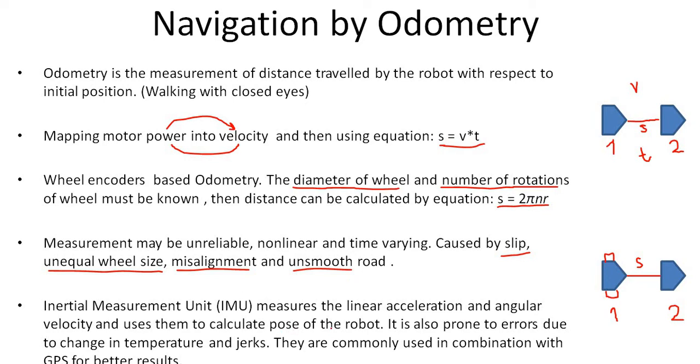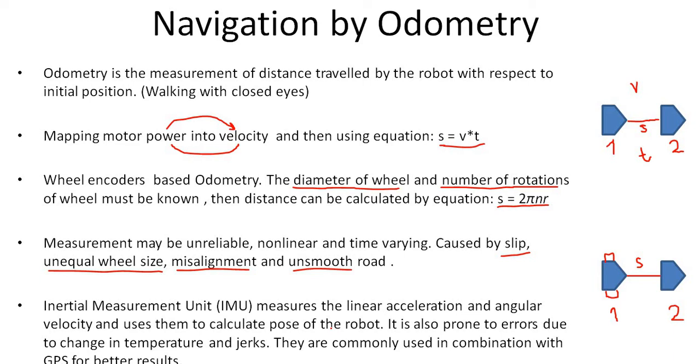So there is also another method for odometry, and this is using an inertial measurement unit, or IMU sensor. In the previous lecture, we discussed what an IMU sensor is, and now we see how we use it for odometry.